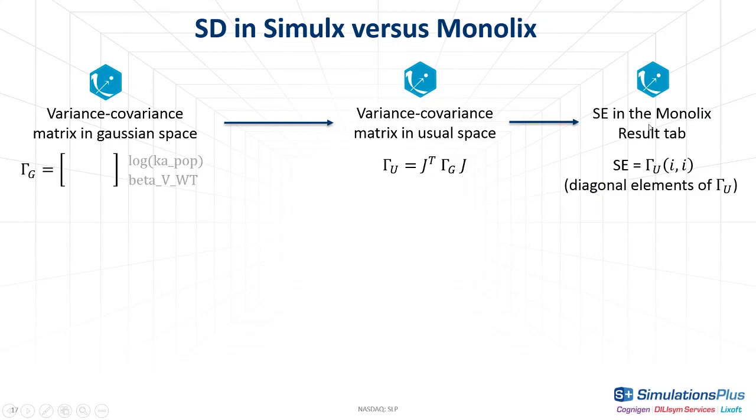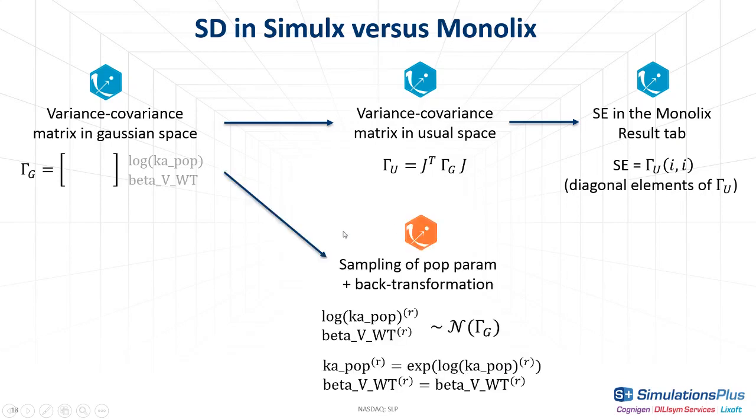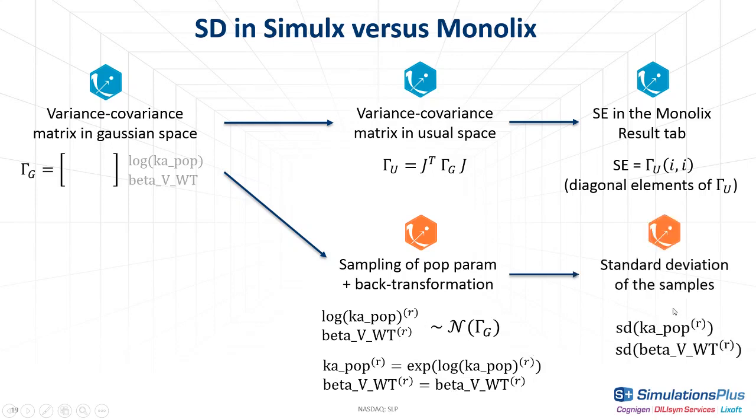And then the standard errors that you see in the Monolix graphical user interface are the diagonal elements of this matrix. On the other hand, when you export the Monolix project to Simulx, we export the matrix in the Gaussian space, sample from it, and then back-transform. The standard deviation of all these samples represents the uncertainty of the population parameter values.